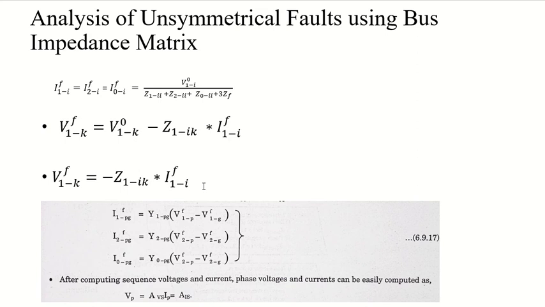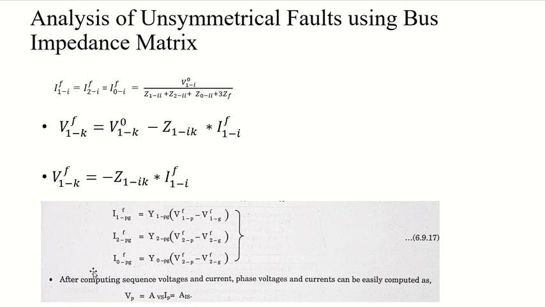The formula for the sequence current is given here. I1 minus Pg will be equal to Y1 minus Pg into the subtraction of the fault voltages, and by doing that you can find the values of I1 minus Pg, I2 minus Pg, and I0 minus Pg.